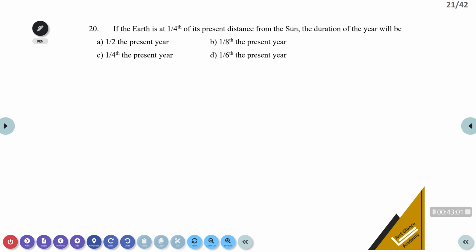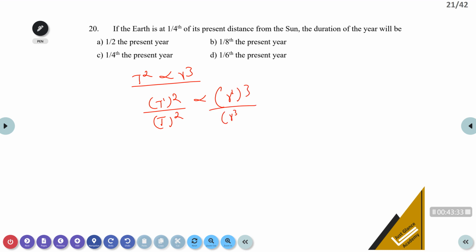Next. The Earth is at 1/4 of its present distance from the Sun. The duration of the year will be? Again it is based on T square is directly proportional to R cube. Here T dash square divided by T square equals r dash cube divided by R cube.